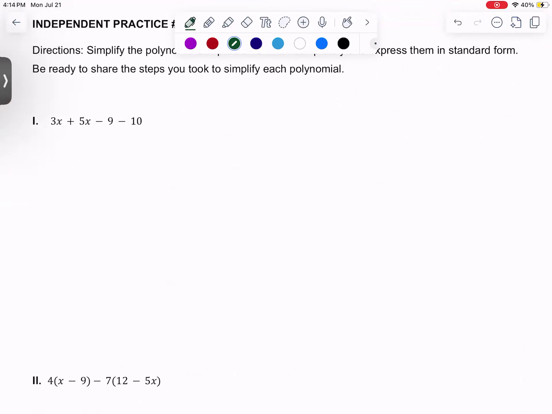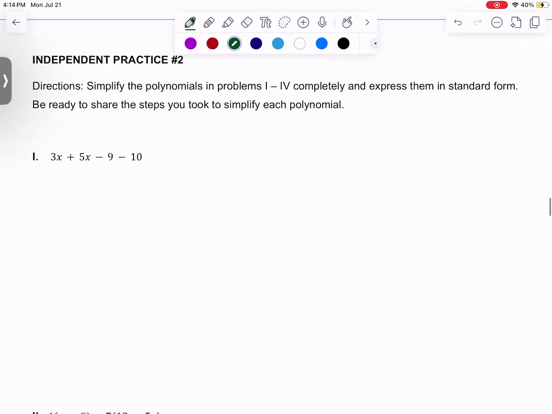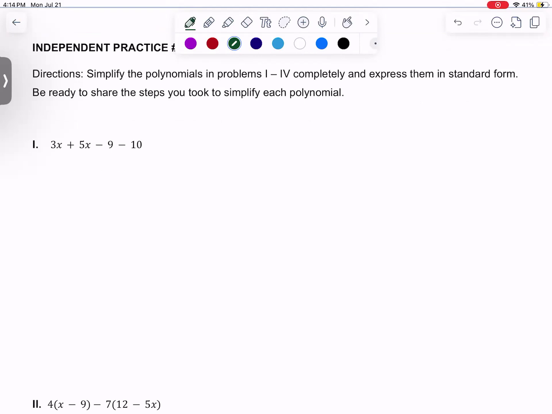Okay, so looking at this next round of independent practice, how do you simplify these 4 problems? In the first one, we have to use the commutative property, combining like terms. What are the like terms here? Let's underline the first set we see. 3x plus 5x. They both have x, raised to the first power. The second set of like terms, let's underline them 2 times.